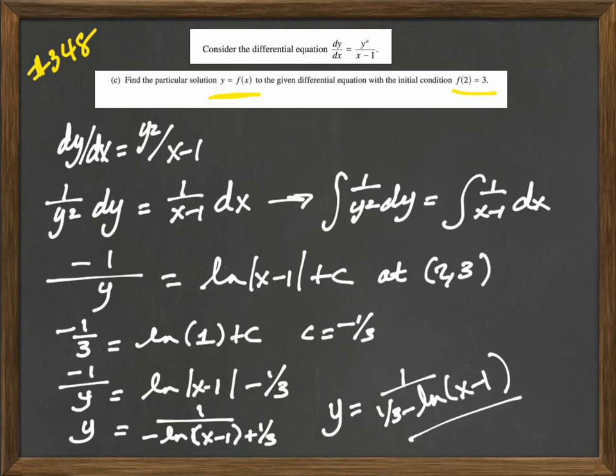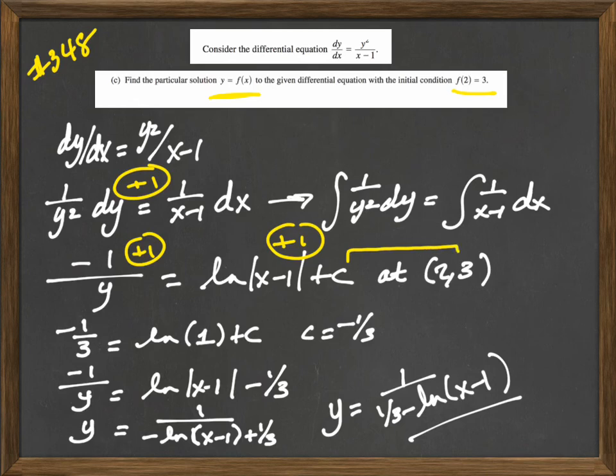Okay, now let's gather up the points. You get 1 point for separation of variables. You get 1 point for each of these antiderivatives correctly. You get 1 point for both of these, using the point (2, 3) and your constant of integration.